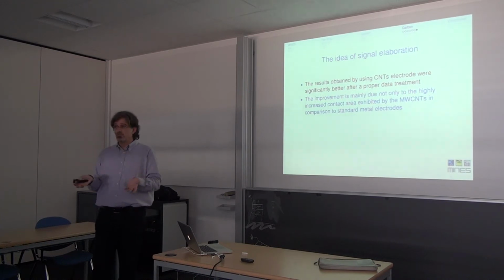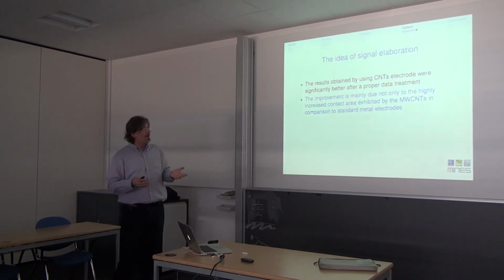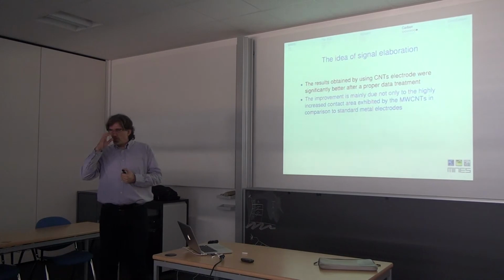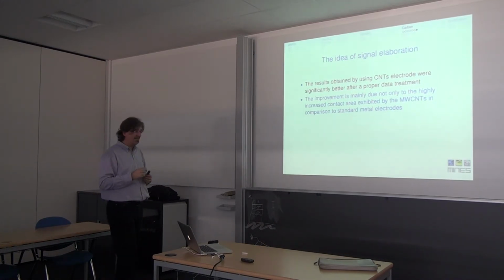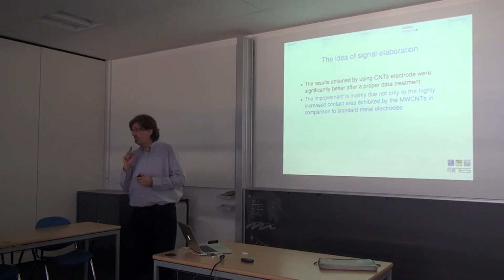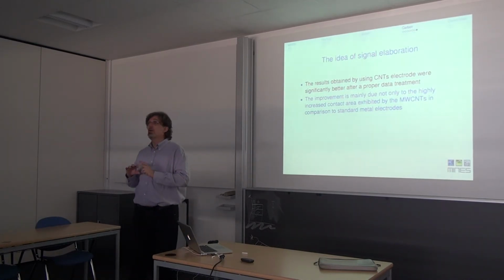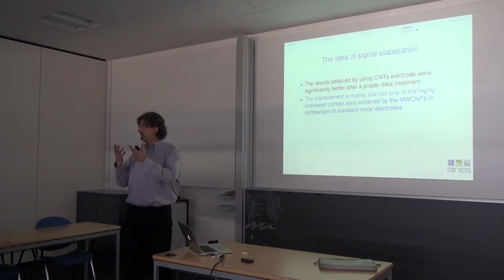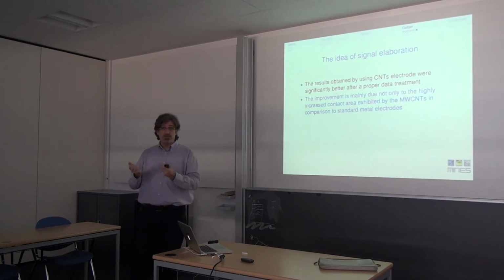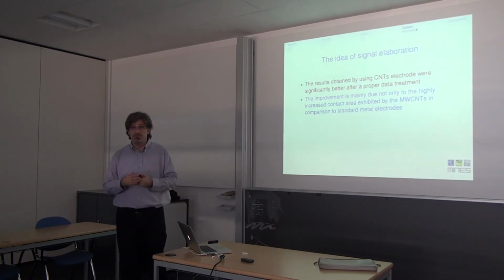But we have some ideas of why it is happening. The first time, we thought it was because of the large surface of the carbon nanotube electrode, so you always have a renewed surface, without problems of an electrode surface that is polarizing or losing efficiency.